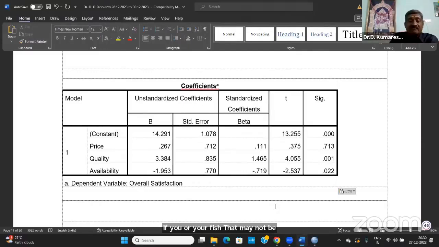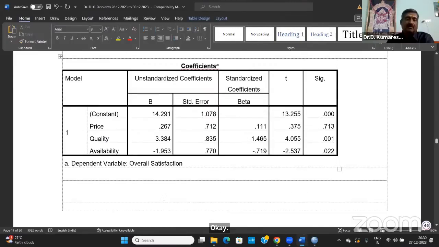That question is now deleted, because look at the third one, it is significant, but the impact is negative. Second one, positive and significant. First one, positive but not significant.